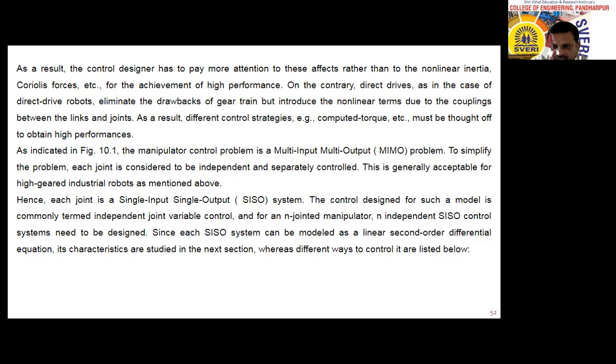The control designed for such a model is commonly termed independent joint variable control, and for an n-jointed manipulator, n independent SISO control systems need to be designed. Since each SISO system can be modeled as a linear second-order differential equation, its characteristics are studied in the next section, whereas different ways of controlling it are listed below.